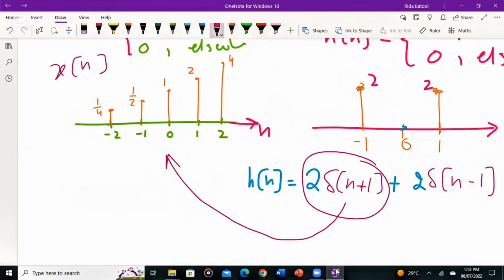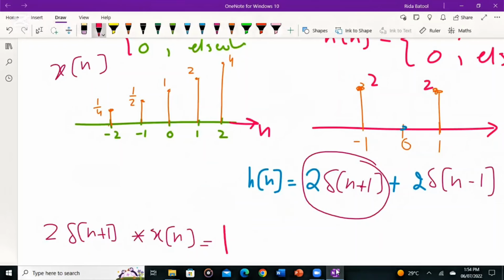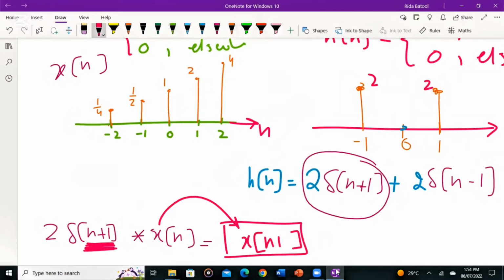What will you get? If you convolve 2 delta n+1 with x of n, what will you get? According to the identity, you will get the same signal, but with a shift, and the shift would be the same.